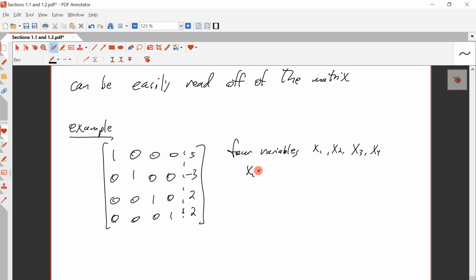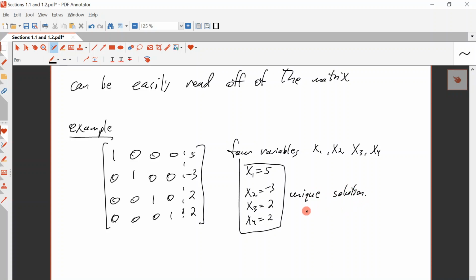So here we have x1 is 5, x2 is minus 3, x3 is 2, and x4 is 2. We have 4 independent equations and 4 unknowns, and each equation is very simple. All right, unique solution. You have n unknowns and n independent equations.